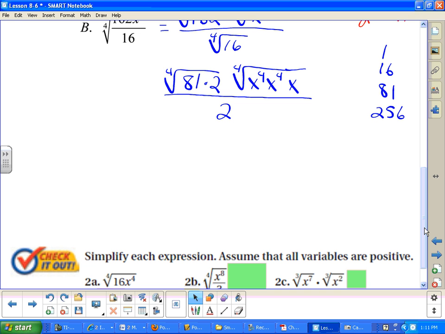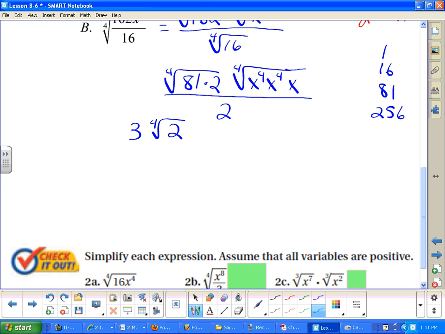So the 4th root of 81 is what? What number raised to the fourth power is 81? 3. So we get 3 times the 4th root of 2, because the 4th root of 81 is 3, so the 3 comes out. I have the 2 left under the radical.